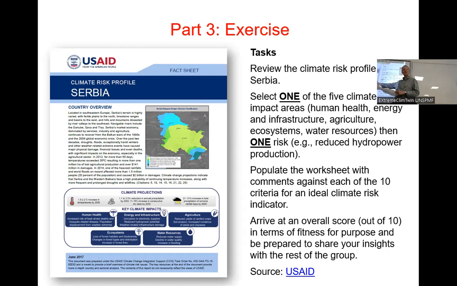You do quite often find things that are puzzling. For example, I won't name the country, but I've seen one climate risk profile for an entirely landlocked country where it still had a category for sea level rise. That's an example where someone's applying a generic template and didn't say, well, this is a landlocked country. There's no point saying low risk to sea level rise because there is nil risk of sea level rise.